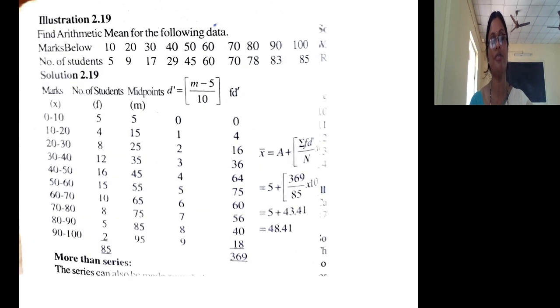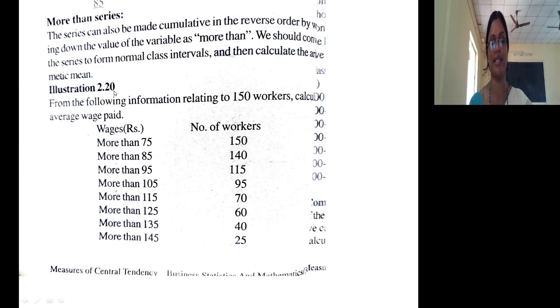So in this session we are concentrating on the more than series. What is a more than series? Try to understand. In a less than series, the frequencies are cumulative in direct order, from top to bottom.